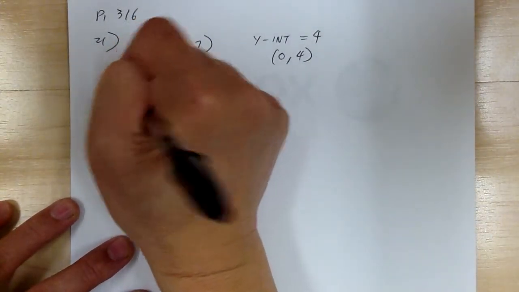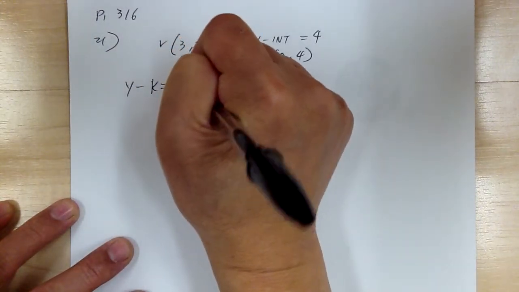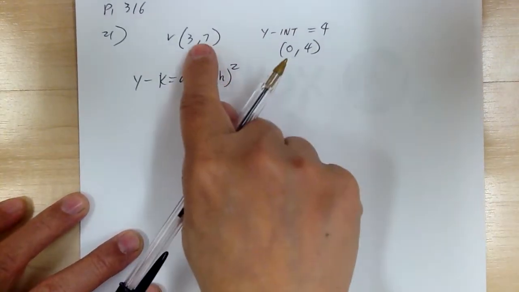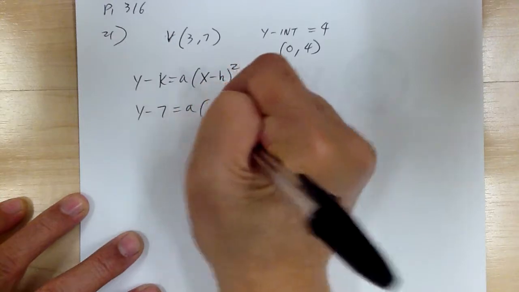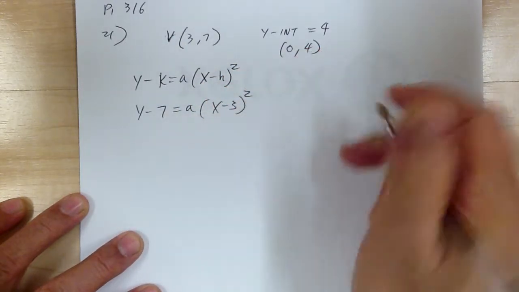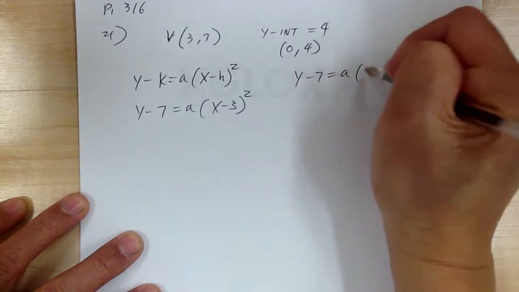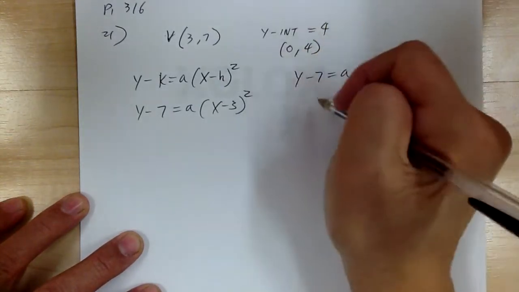So start with the template. Apply the vertex. So you get y minus 7 equals a times (x minus 3) squared. Go off to the side to find a. Okay, so substitute.